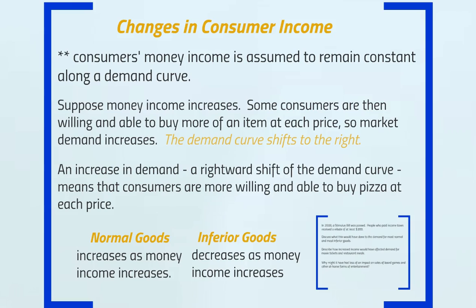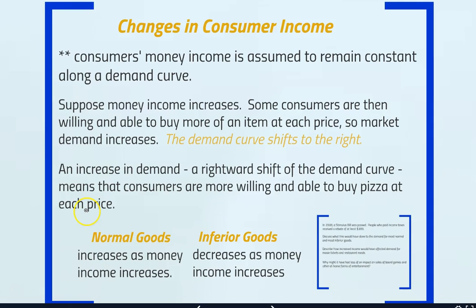Suppose money income increases. Some consumers are then willing and able to buy more of an item at each price. So the market demand increases. The demand curve shifts to the right. We'll talk about what it looks like for a demand curve to shift to the right in a minute.